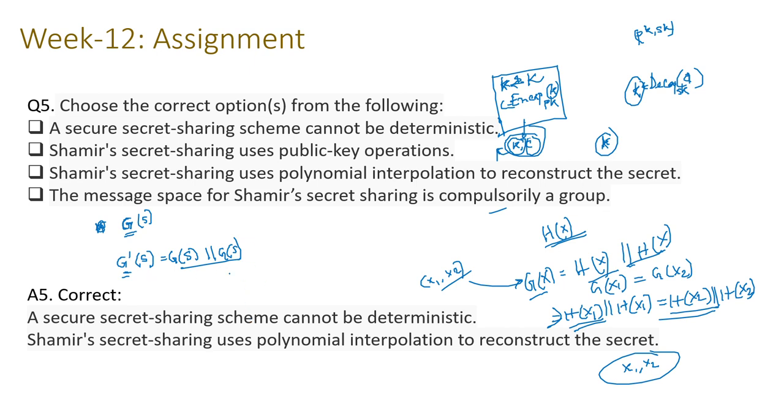Here the pseudo-randomness property is broken, so G dash is not secure. But here the fact that these two halves are the same does not break the collision resistant property, right? You cannot exploit this property to break collision resistant property of H.